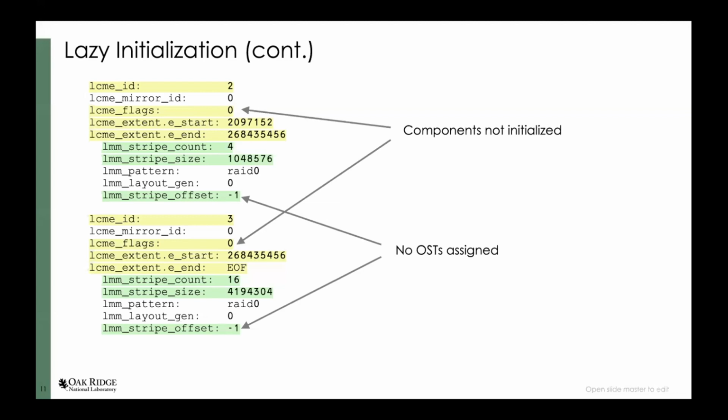The start and end points for each component are also shown, as well as the stripe parameters. The stripe count for the second component is 4, stripe size 1 megabyte. But because this component has not been initialized, you have no list of OSTs assigned to it, and the LMM stripe offset has been set to -1.